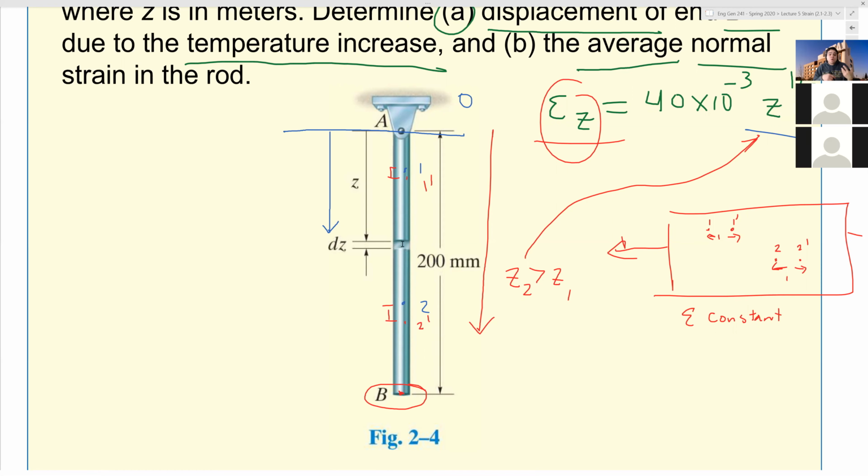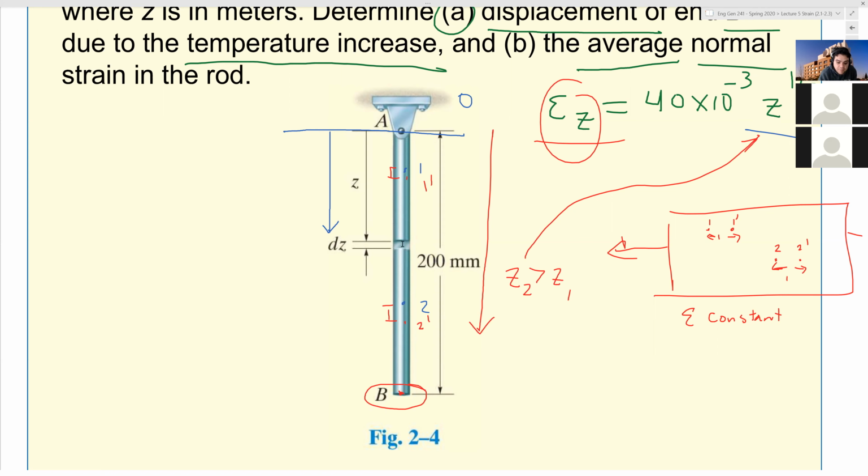Look at A. What is Z equal to at A? 0. So at that point, the strain is 0. So at that point, that particle is not going to move. It's pinned there, right? But then if I look further out, B is going to depend on every single little particle above it moving, right?